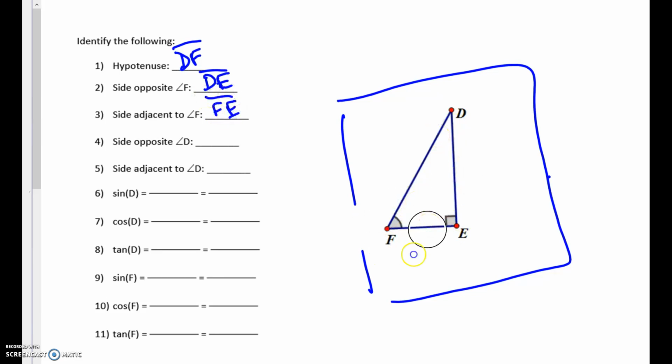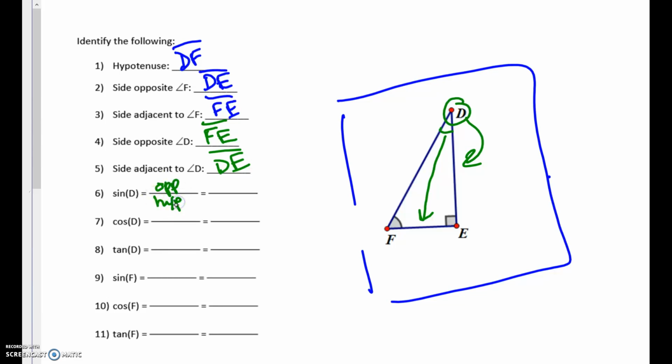And now let's look at angle D. My side opposite of angle D is FE. And the side adjacent to angle D is DE. Notice if we're adjacent to angle D, the D is actually included in the adjacent side. So now let's look at my ratios. Sine of D, well, sine is opposite over hypotenuse. Opposite of angle D was FE, and my hypotenuse is always DF.